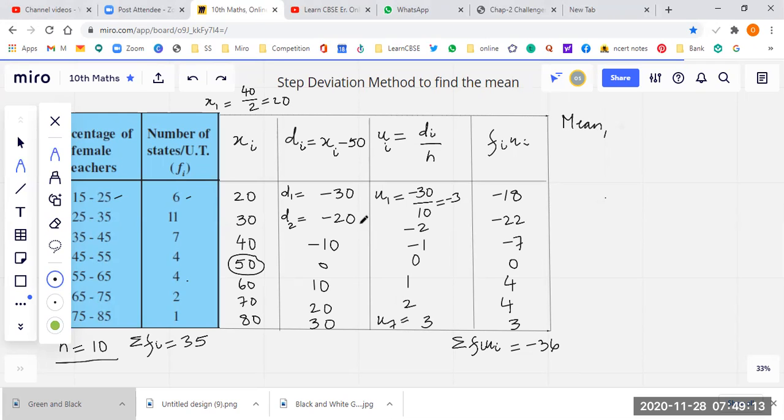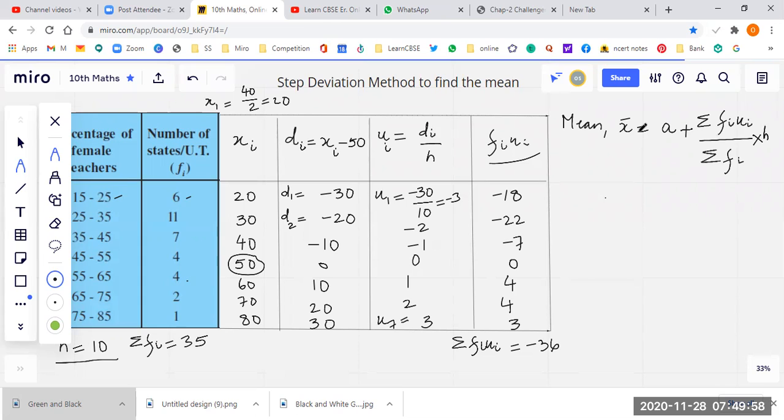My x bar will be equal to a, that is my assumed mean, plus summation fi ui divided by summation fi. We will always be dividing by summation fi. Okay, but this into h.